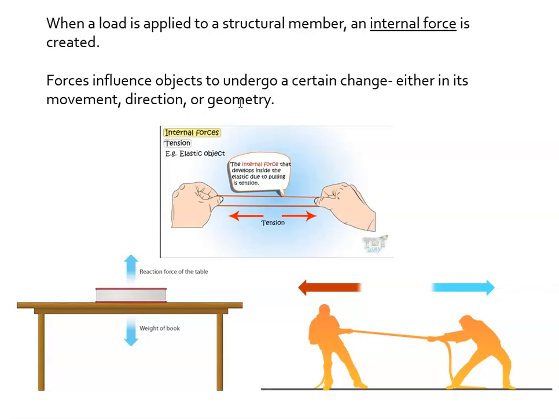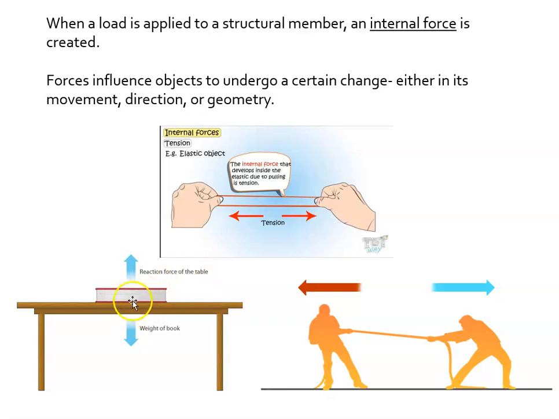So that is when a beam gets too much force applied to it and it bends, basically, when something deforms. So geometry is mostly what we're concerned with. In forces, in broader physics terms, you'll hear movement and direction discussed a lot, but for buildings, it's geometry.